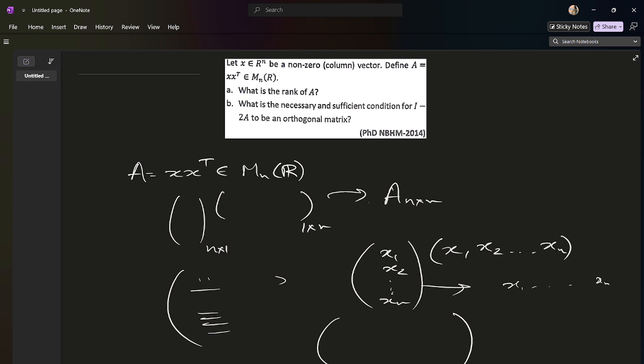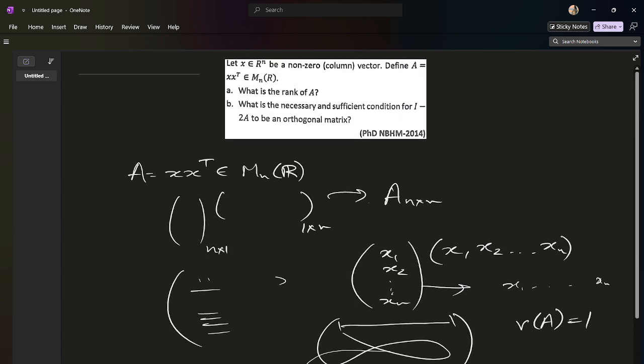So the rank of A will be 1, because this row is the linearly independent one and every other row becomes 0 with the help of row reduction from Gaussian elimination.